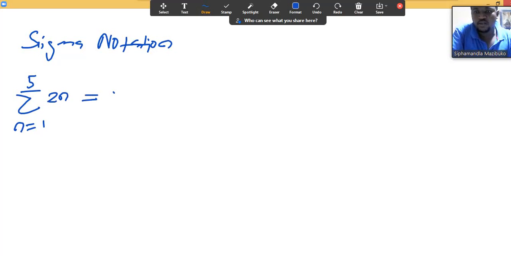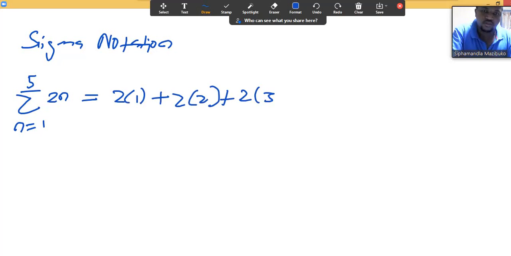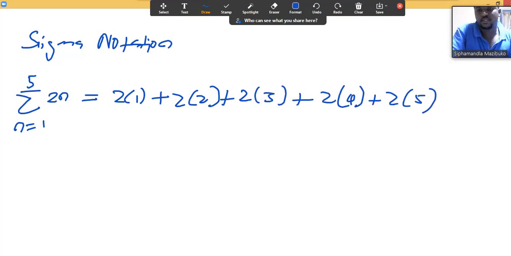What we'll have is 2 into 1 plus 2 into 2 plus 2 into 3 plus 2 into 4 plus 2 into 5. So you see, this is our general formula, and then we're finding the summation from n equals 1 to n equals 5.